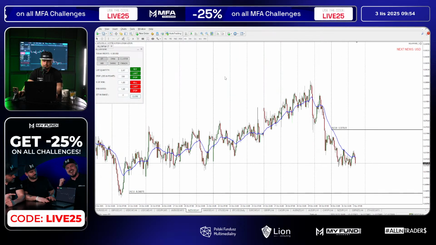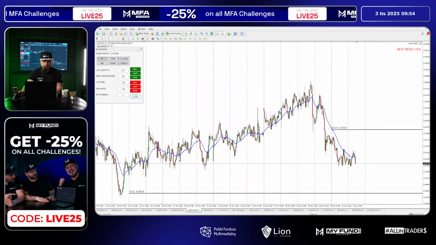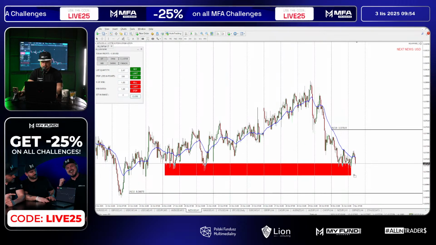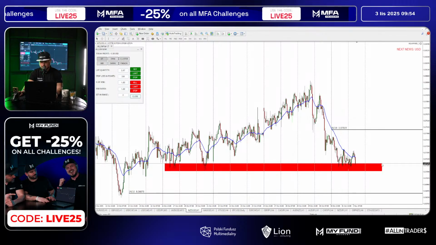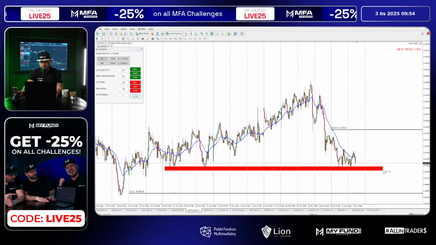Okay. So let's have a look at the 1-hour time frame. We're gonna mark important zones. So the support resistance zone. So this area over here.